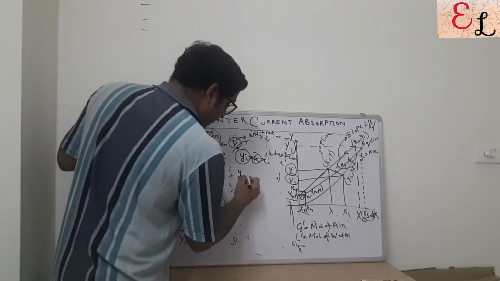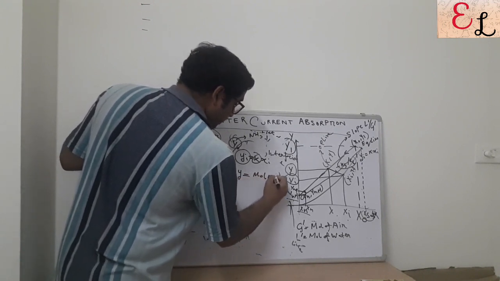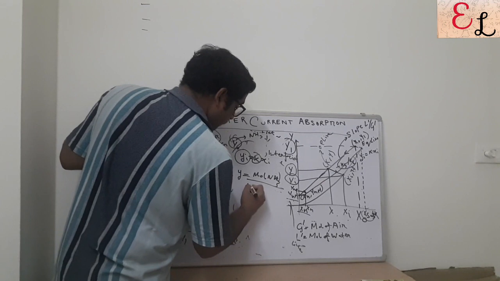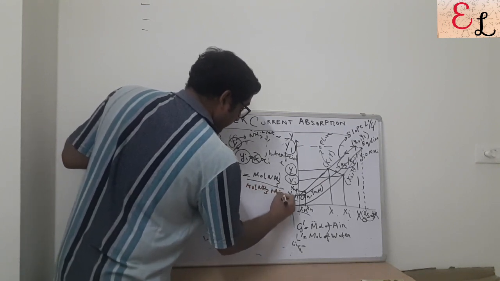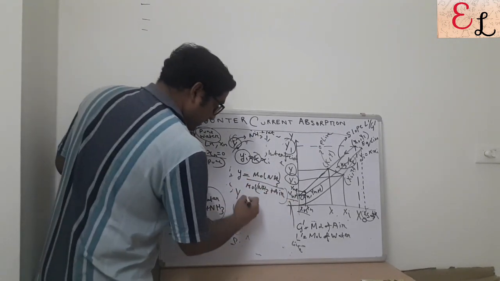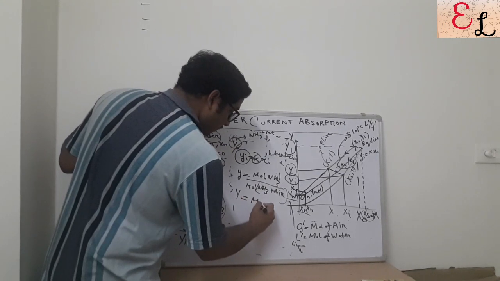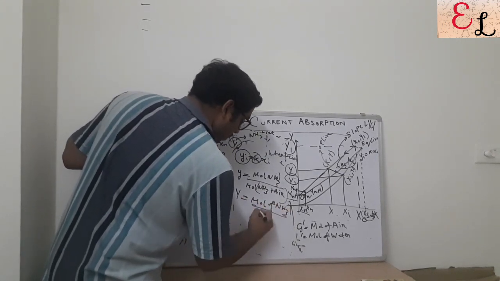So we see small y equals moles of NH3 by moles of NH3 plus air, that is, total moles. Capital Y, as we have described, is moles of NH3 by moles of air only.